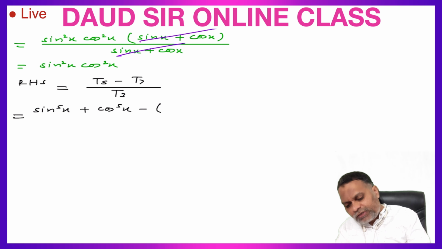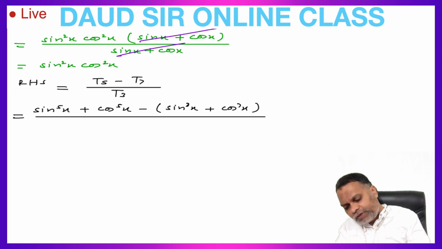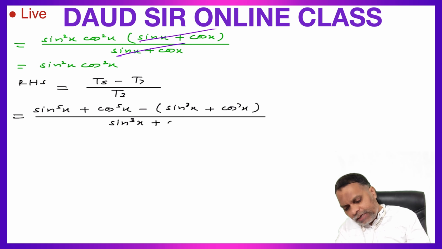Substitute n equal to 7: sin raised to the power 7x plus cos raised to the power 7x, upon T3. Put n equal to 3: sin cube x plus cos cube x.